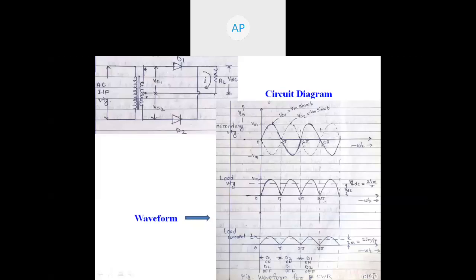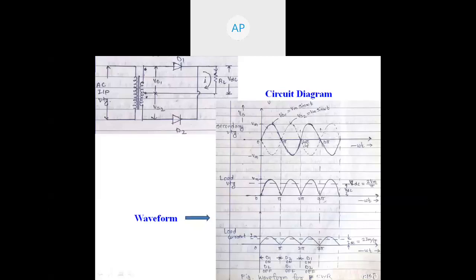If you remove this portion, during the positive half cycle D2 is off. So D2 is internally open, and this connection is not there. So simply this circuit will be left during the positive half cycle, and it will look like a half wave rectifier.